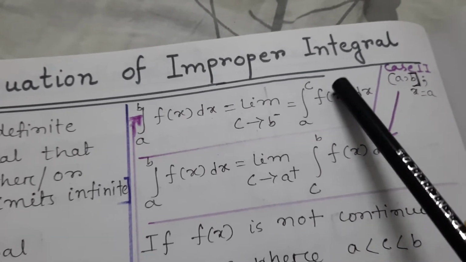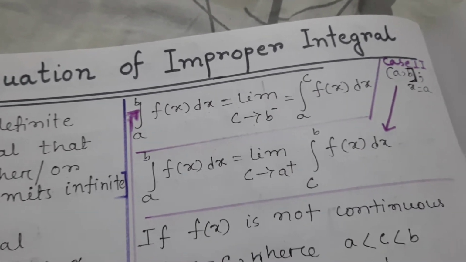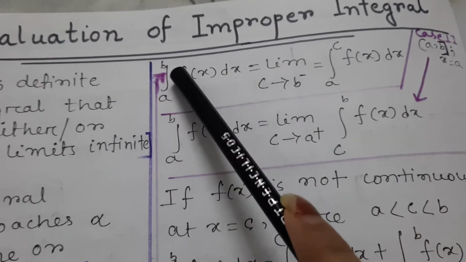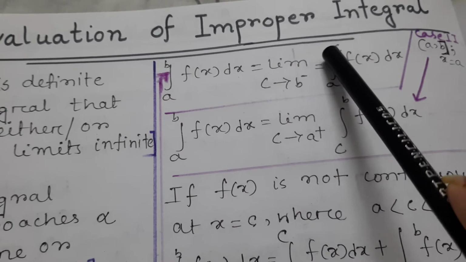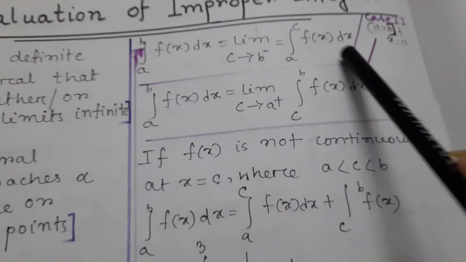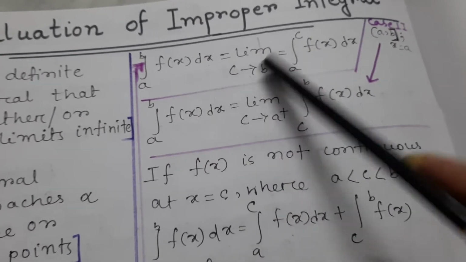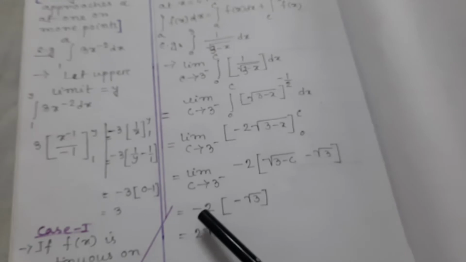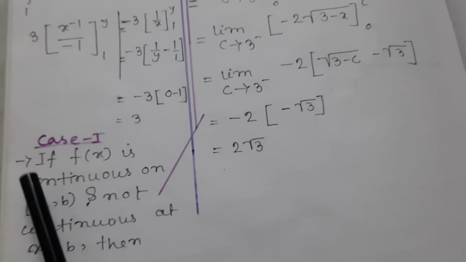Actually, we replace the limit whose value is infinity by c, any random variable. So this is the first case, and the second case is the other way around.